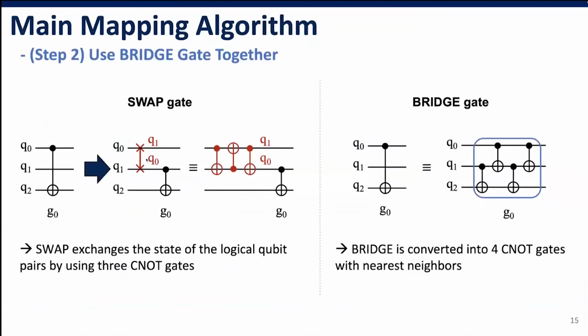In the case of bridge, one CNOT gate with distance 2 is converted into 4 CNOT gates with nearest neighbors. So the bridge gate can solve the connectivity problem without changing the logical to physical mapping. When selecting between swap and bridge, we use our cost function.